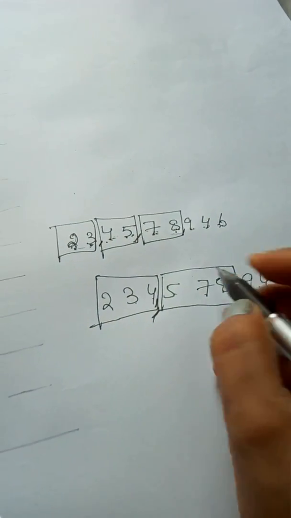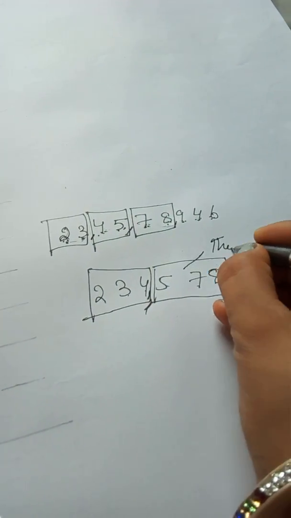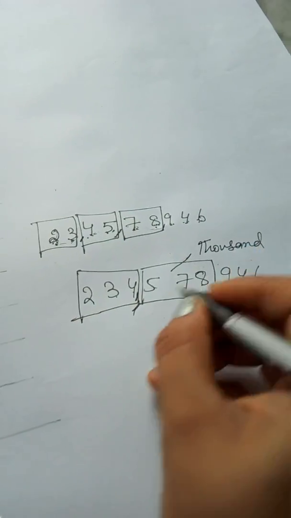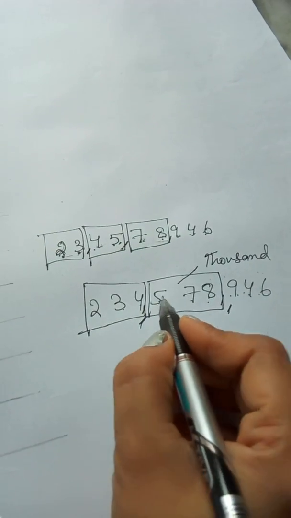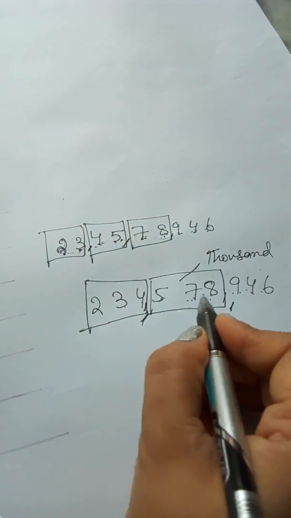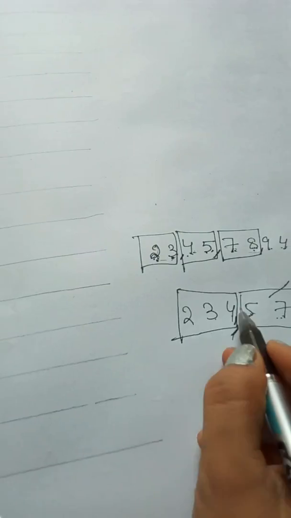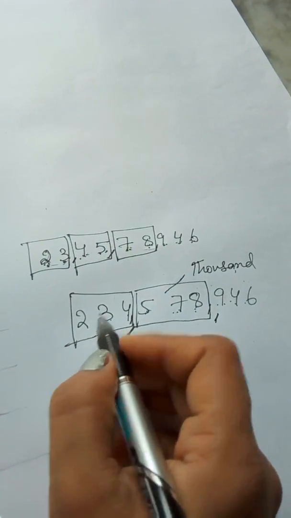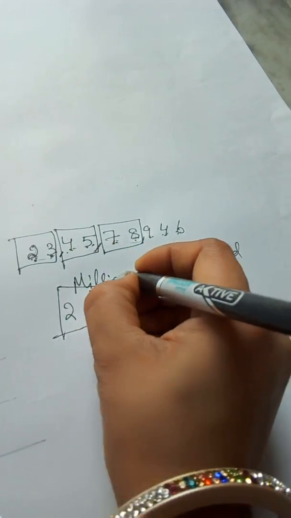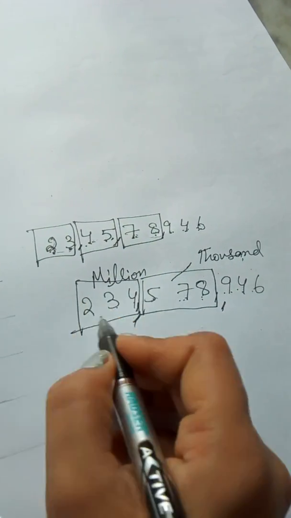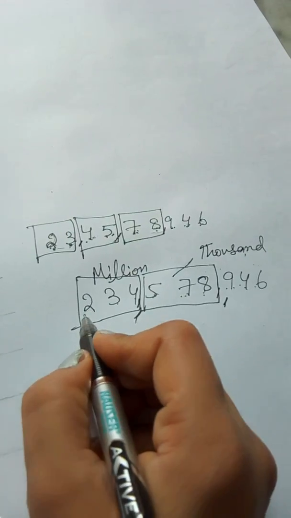So ones, tens, hundreds, and this is the thousands part. We take the whole 578 as a unit, and it becomes 578 thousand. Then this is the million part, and as a unit it is called 234 million.